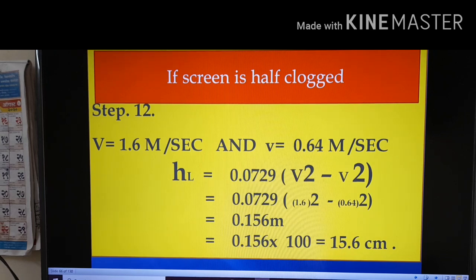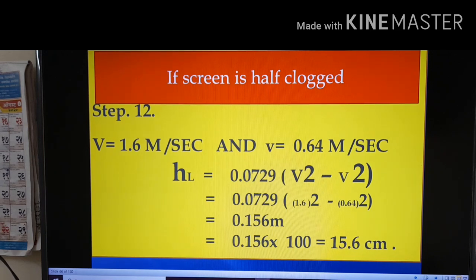Then in your calculator first we calculate 1.6 square minus 0.64 square and then multiply by 0.0729 and you get the value for HL, that is head loss when screen is half clogged, that is 0.156 meter.